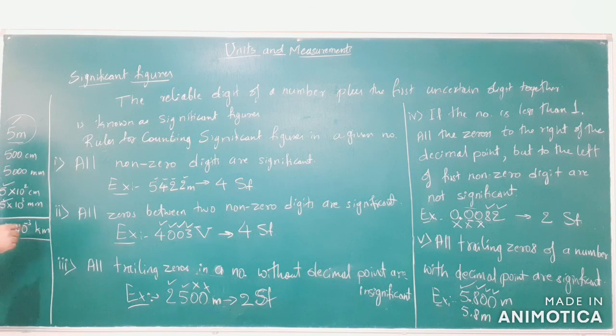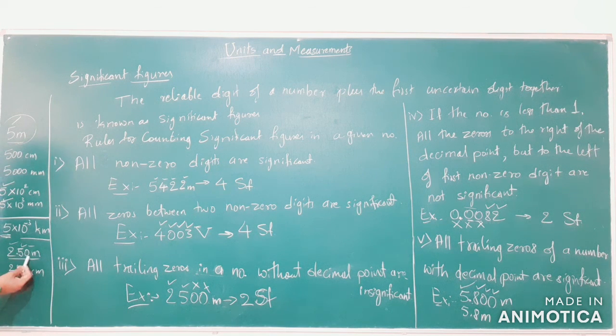Similarly, you might think, sir, if I have a number something like 2.50 meter, then if I want to convert it into centimeters, we generally directly write it as 250 centimeter, right? But no, this is not the right way of representing it, because for the same measurement in meters, we have 3 significant figures here. 2 is significant, 5 is significant.